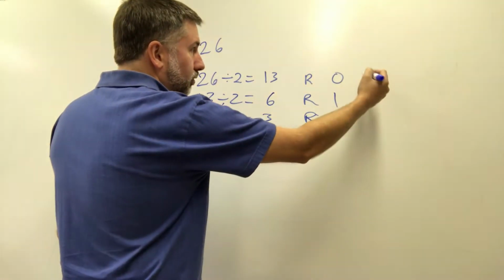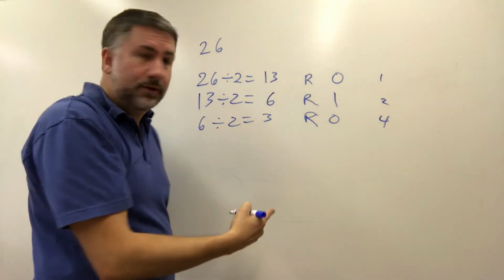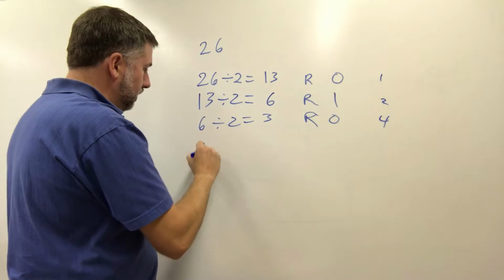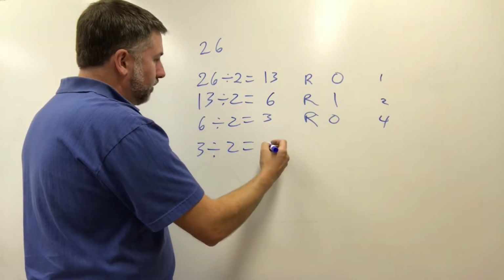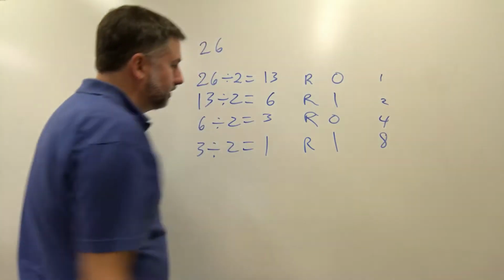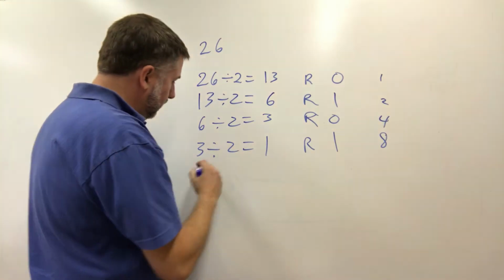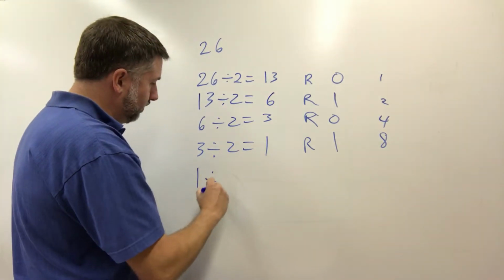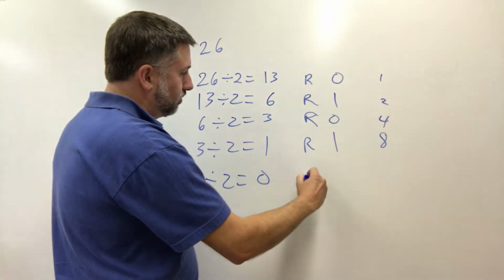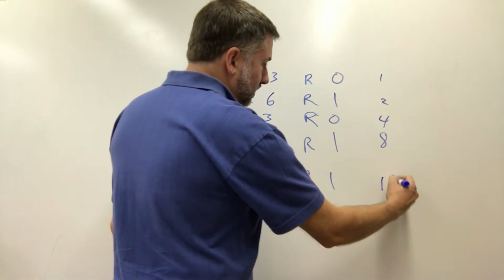So these are our 1s, our 2s, our 4s. There's no 4s in that number. Then we take 3 divided by 2 and we get 1, remainder 1. So there is an 8 in that number. And now the last thing we have to do is 1 divided by 2 is 0, remainder 1. And that means this 1 means there's a 16 in that value.